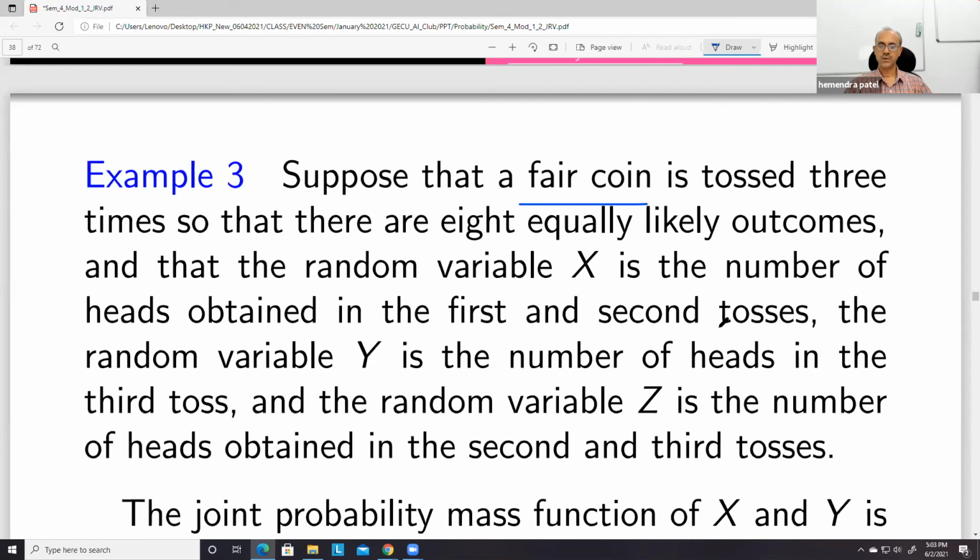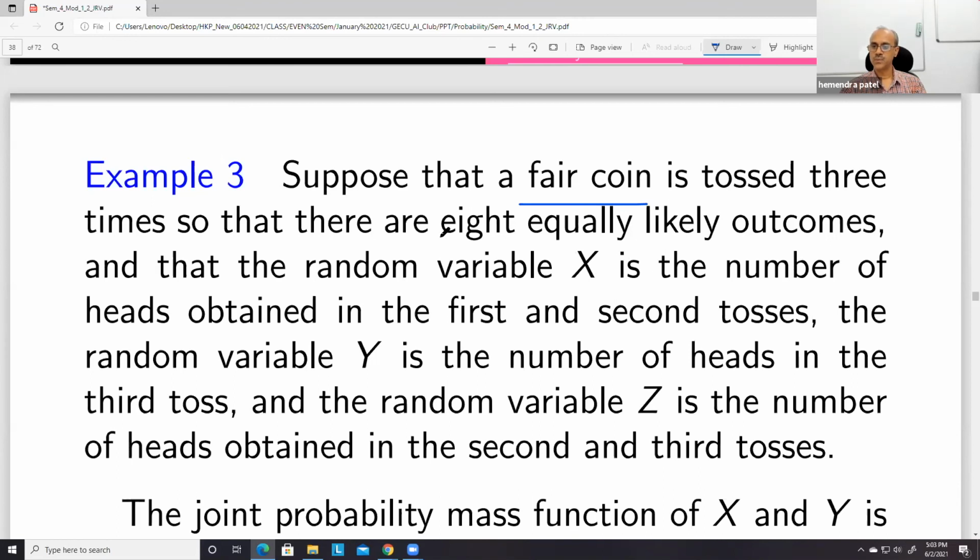Sir, if you toss a coin 3 times, then only 3 outcomes will come? No, the third may be head or tail. No, we are not concerned with the third. Then 6 will come? Then how 8? No, no, no. For each.